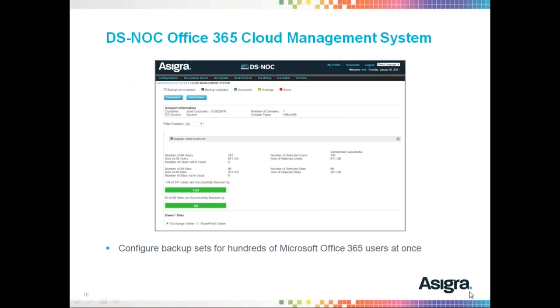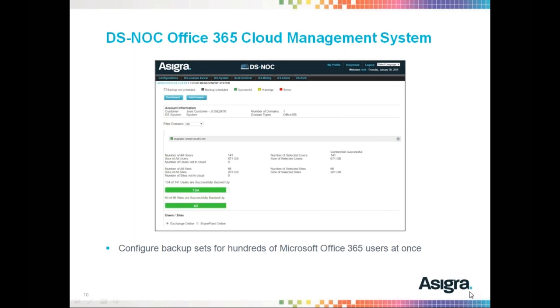If there are new users that need to be backed up, you'll be updated on that. It will also tell you when there are users that were initially backed up that are no longer in Office 365, so you can delete them, should you wish to delete them, from the DS-NOC as well as from the DS client itself. So this is a regular connection.